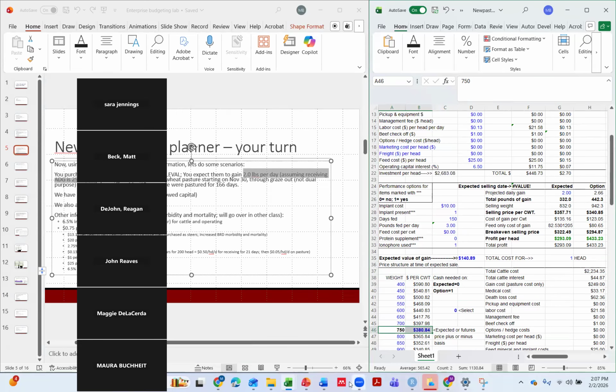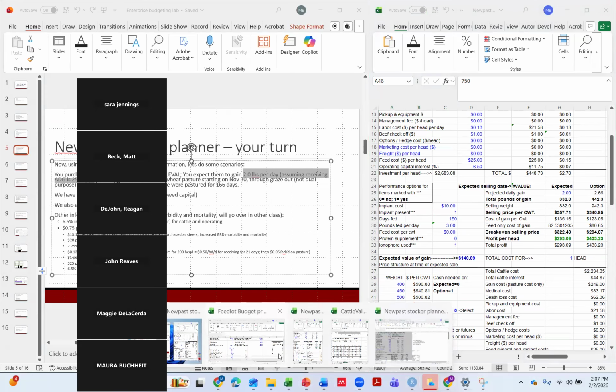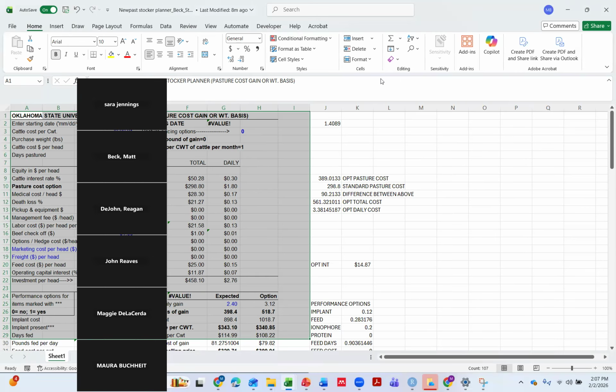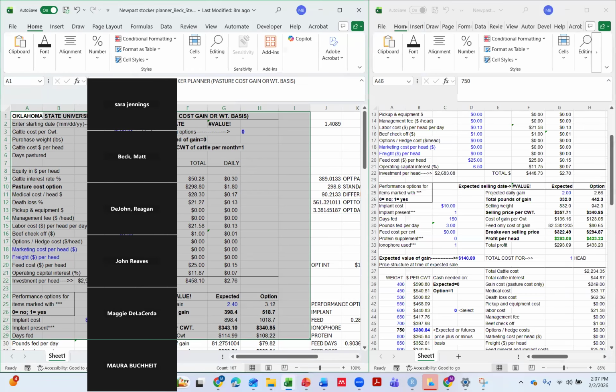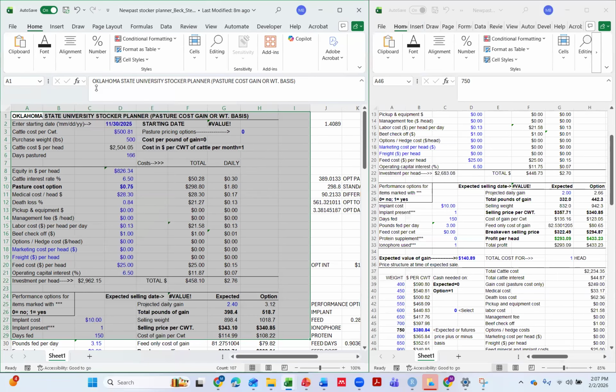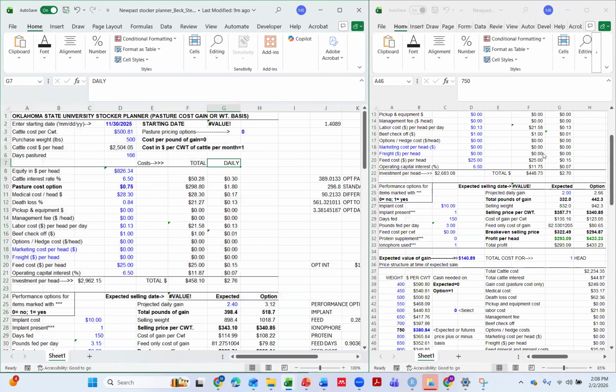Okay. So if we look at this, this is the steers scenario that we just pulled together. If we bought them as steers, we paid $500 per hundredweight.